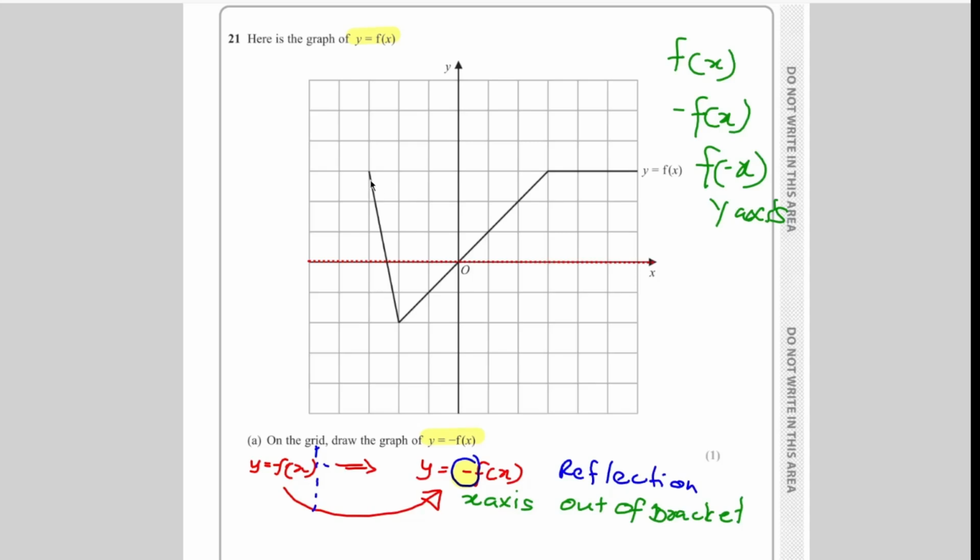Let's reflect part by part. Now this part, I'm considering this part. Let's reflect this part. Now when reflecting, we have to draw this one.